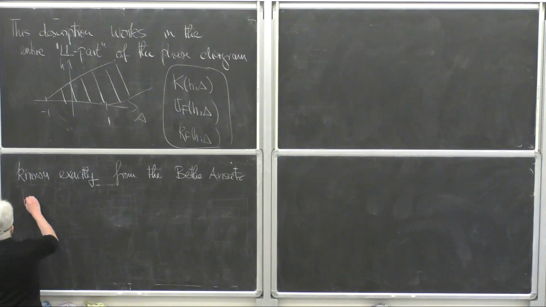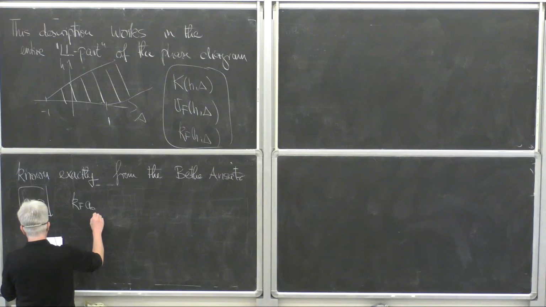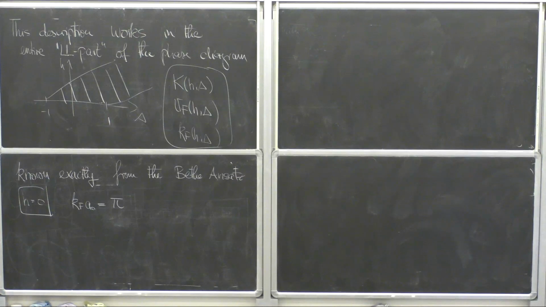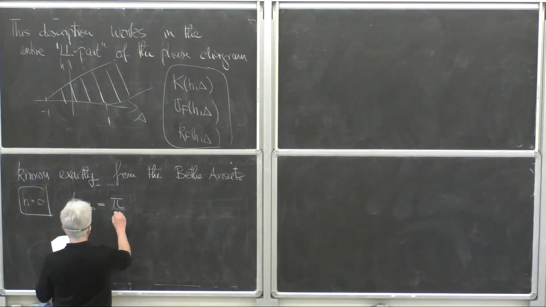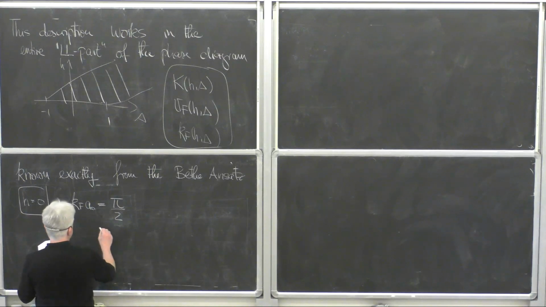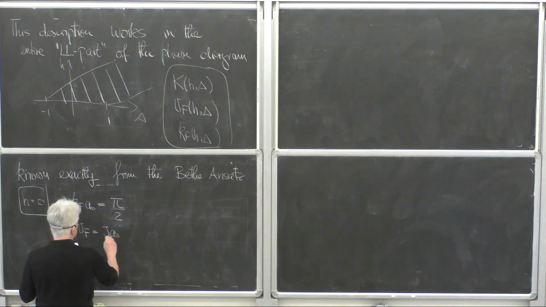So for magnetic field equal to 0, what do they look like? K_F a_0 would just be pi over 2. And v_F would be J a_0 over 2.